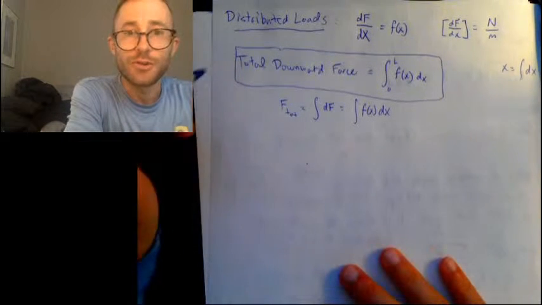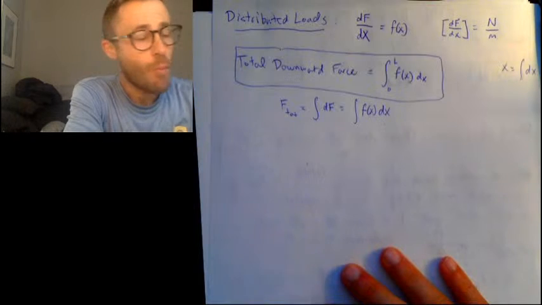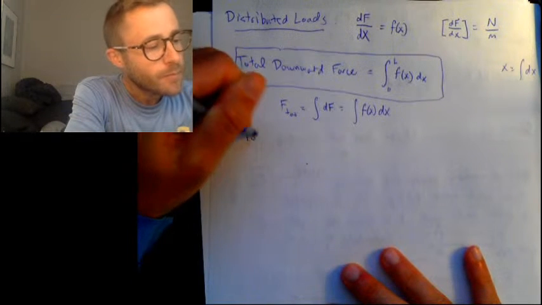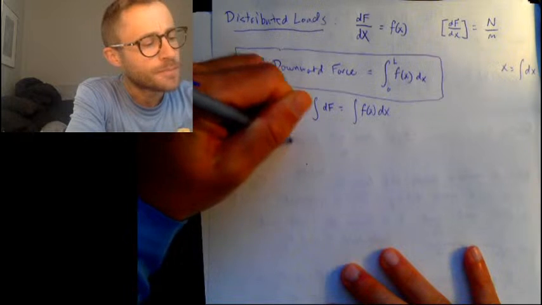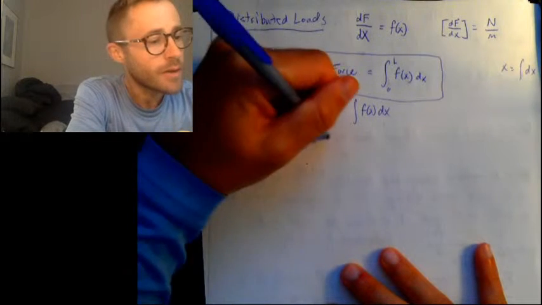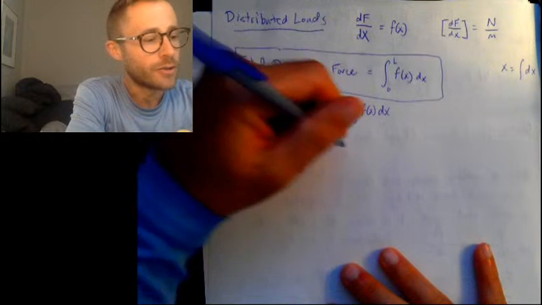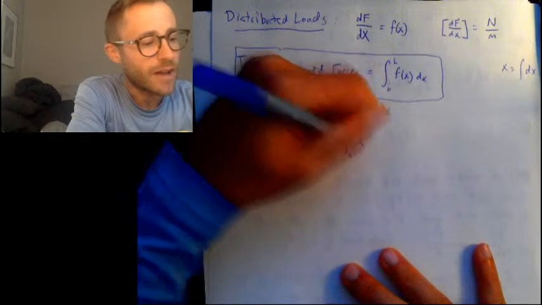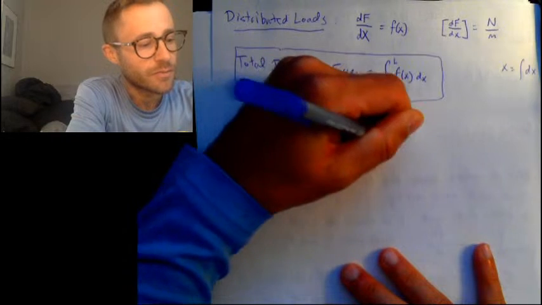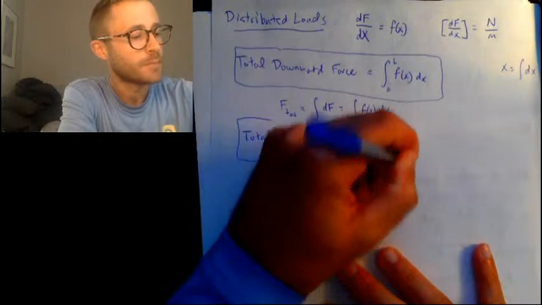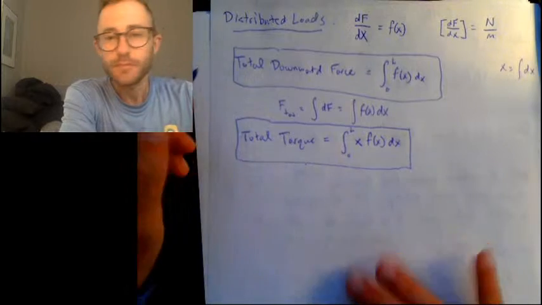We also have a torque. And the total torque due to the distributed load is going to be the integral from 0 to L of x times f of x dx. So why is that?